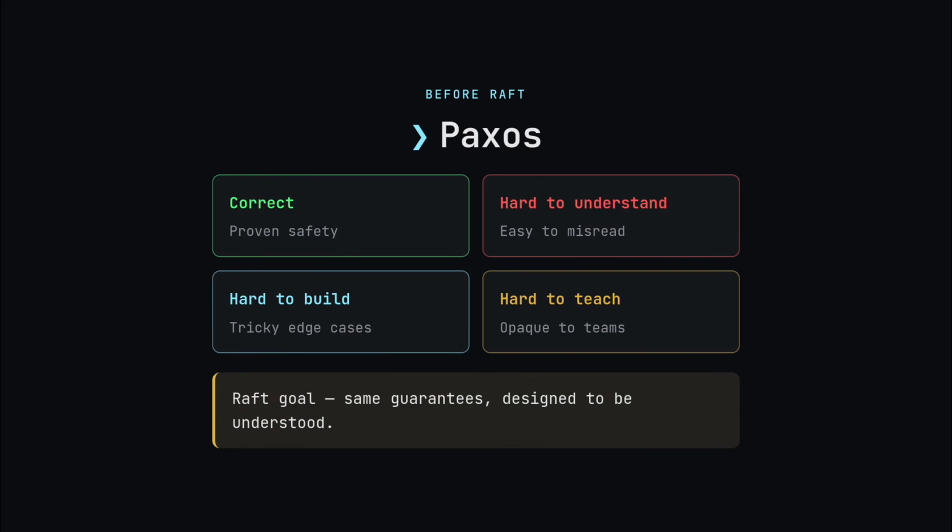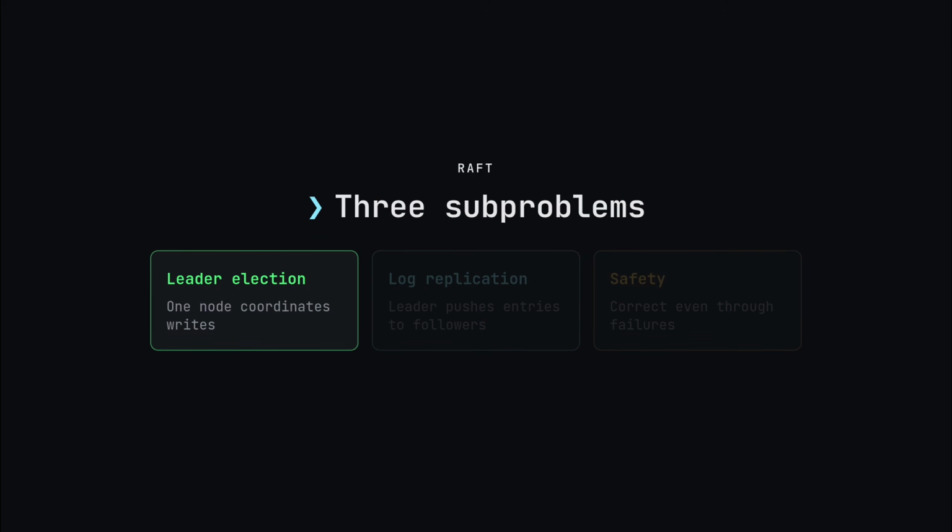So Raft's goal is the same guarantees, but designed so you can actually understand it. If you can explain why it works, you are in a much better position to implement it correctly. The algorithm does that by splitting consensus into three pieces. First is leader election. The cluster picks one node to coordinate writes.